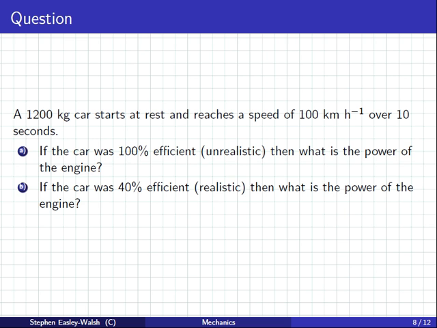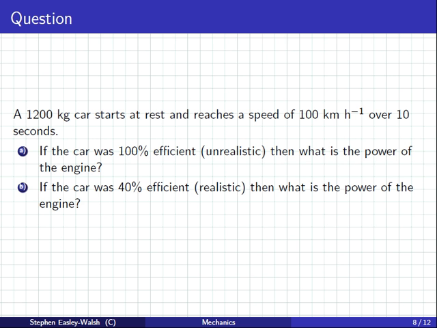The car, more realistically, would be 40% efficient. Now wait, before you calculate this, if you now discover the car is only 40% efficient, but it still does the same thing, that is, it gets to a speed of 100 kilometers per hour in 10 seconds, does that mean the car engine was more powerful or less powerful? More.